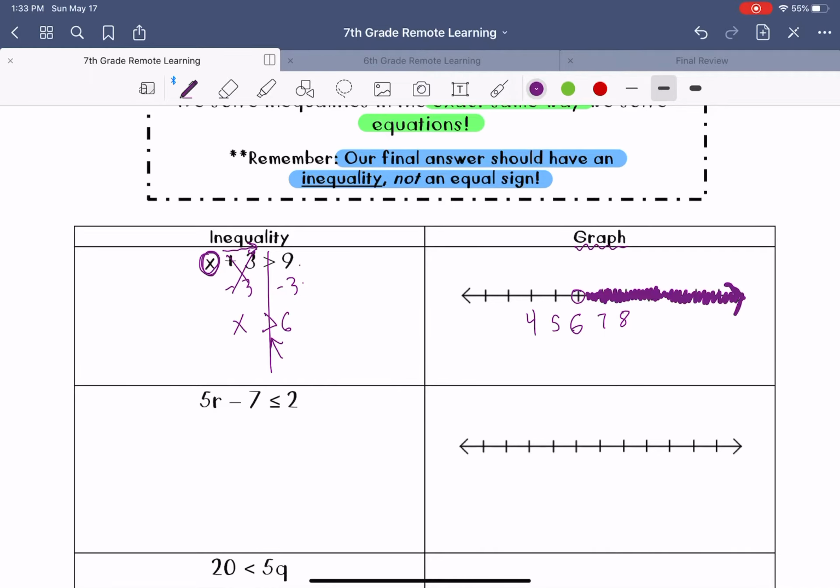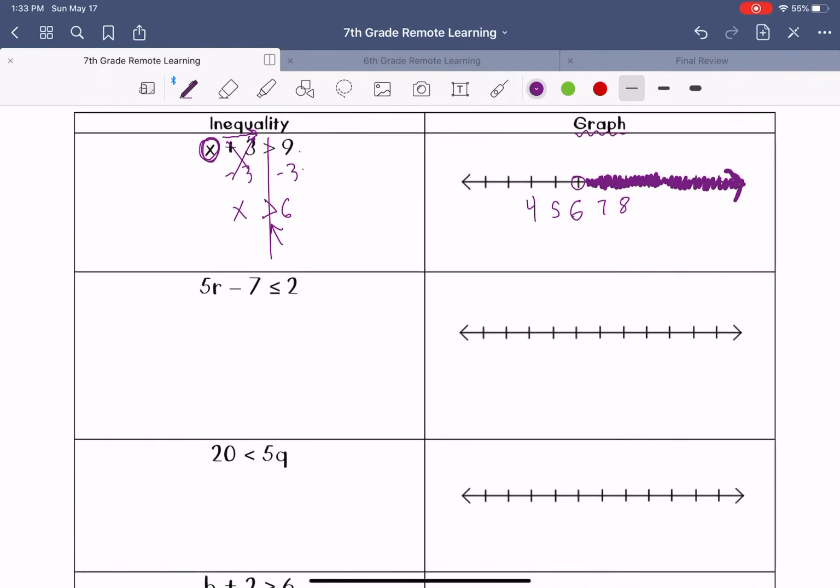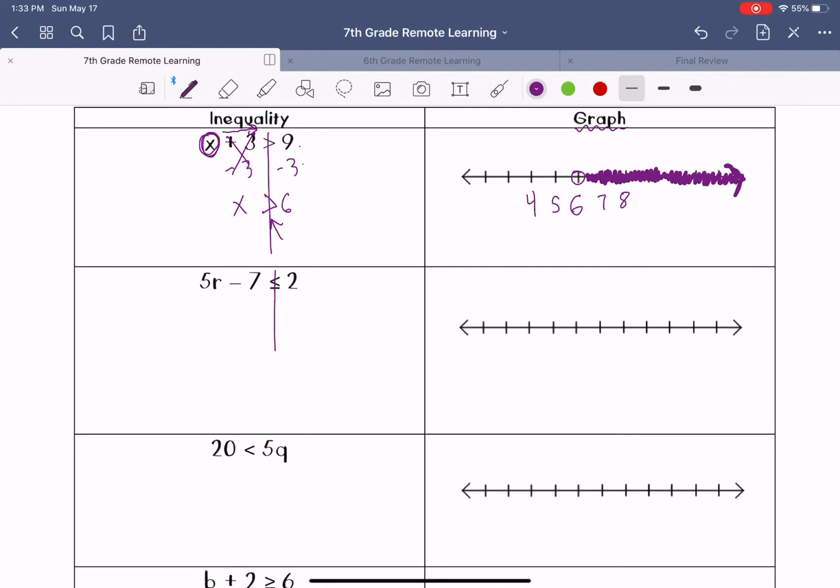Okay, let's look at our next problem. Draw our balance line. I'm going to solve just like an equation. So I'll get rid of my minus 7 first with a plus 7, the inverse. So those cancel. I will have 5r is less than or equal to 9.